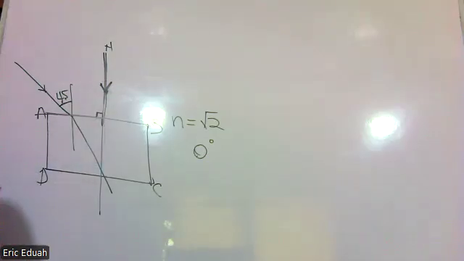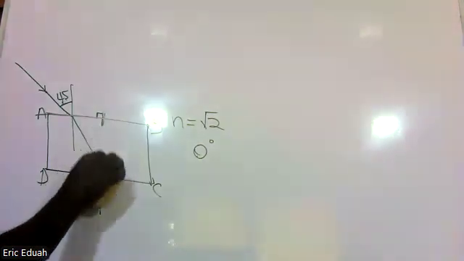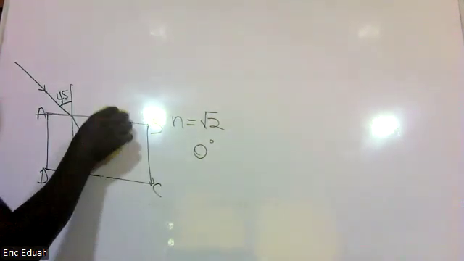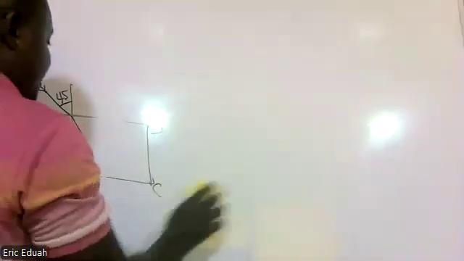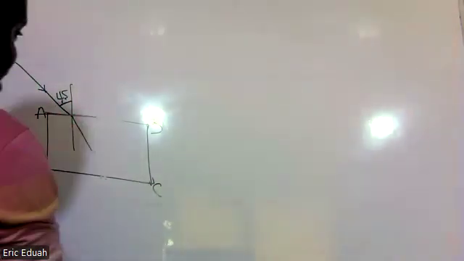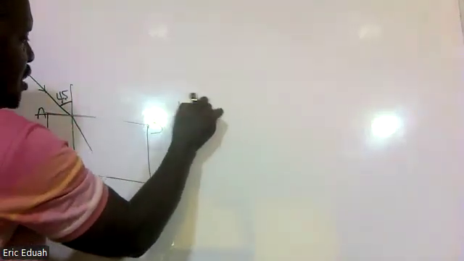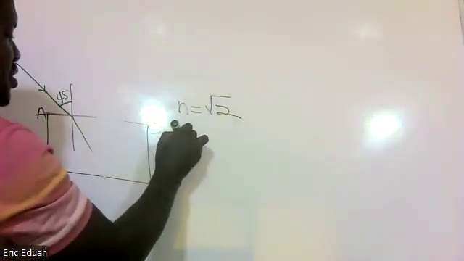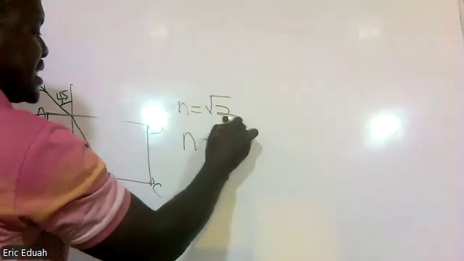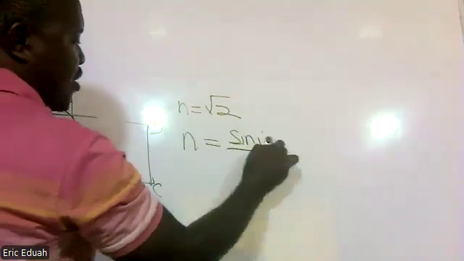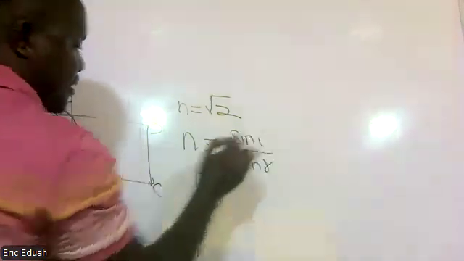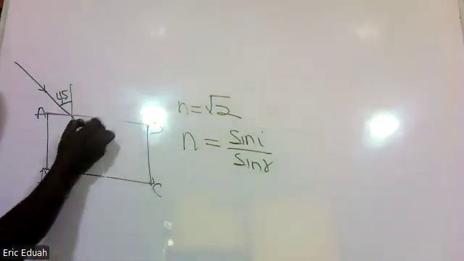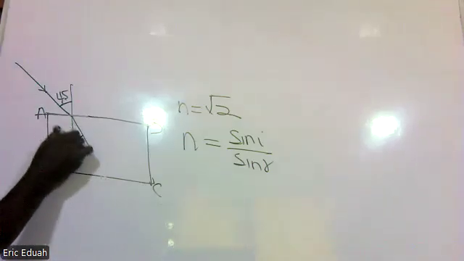So once i is 45, and we are given the refractive index to be root 2, by applying Snell's law, the refractive index is sine i over sine r, where r is the angle of refraction.